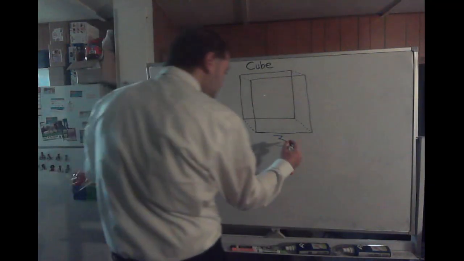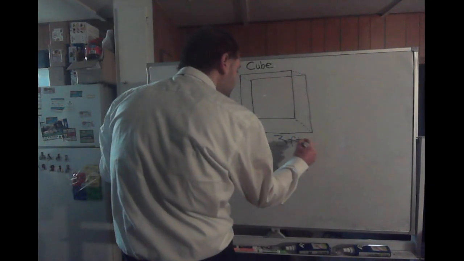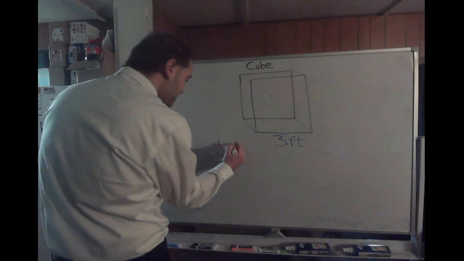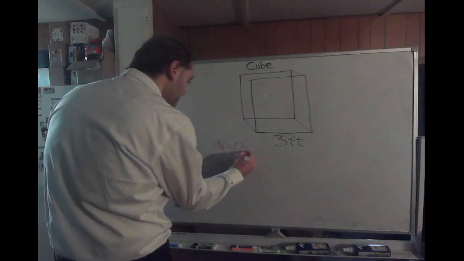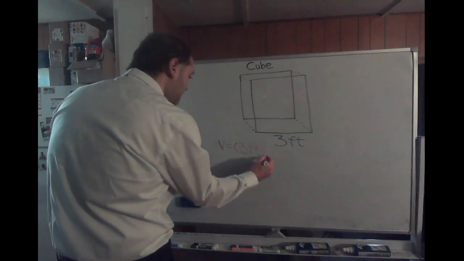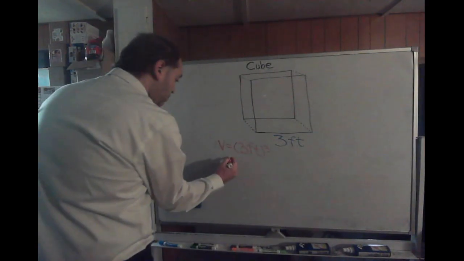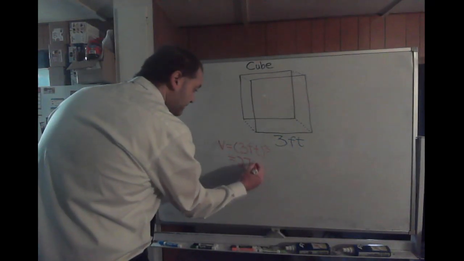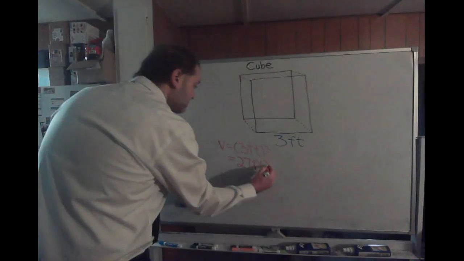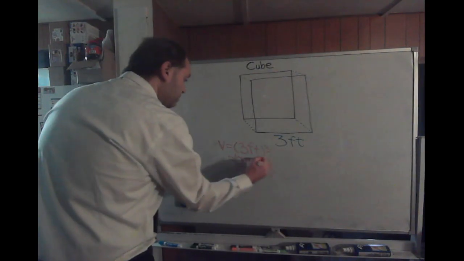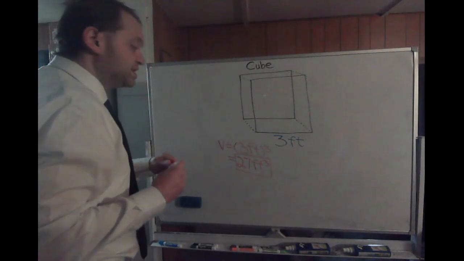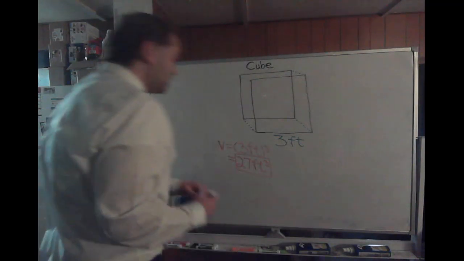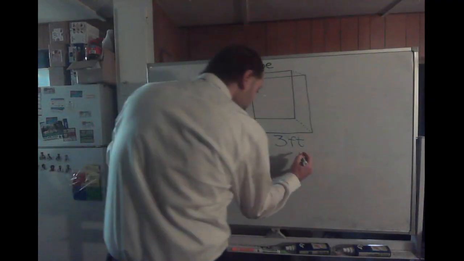Let's say we have a length of 3 feet for this side of the cube. The volume, of course, you would take that length of 3 feet and raise that to the third power. Well, 3 to the third is 27, and then feet to the third is feet cubed. So the volume of this particular cube would be 27 cubic feet, or 27 feet cubed, however you'd like to say it.